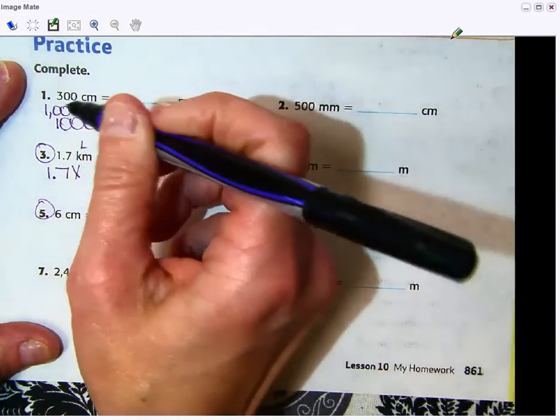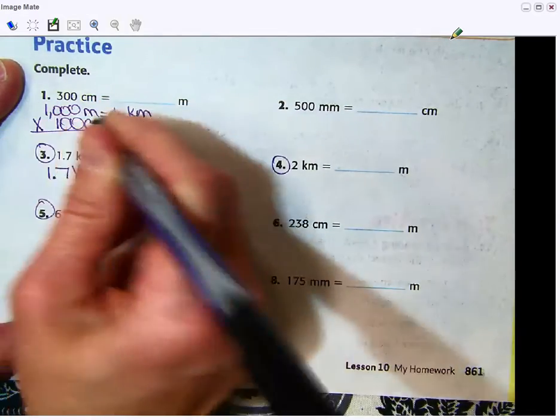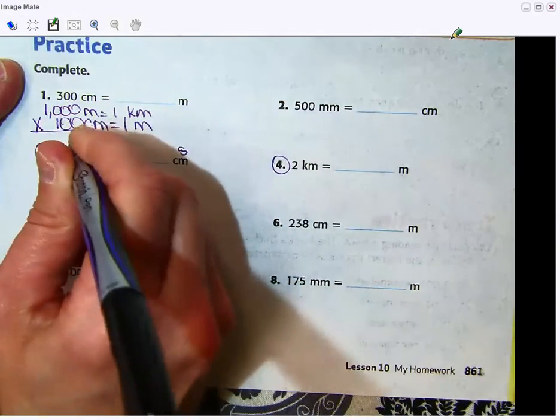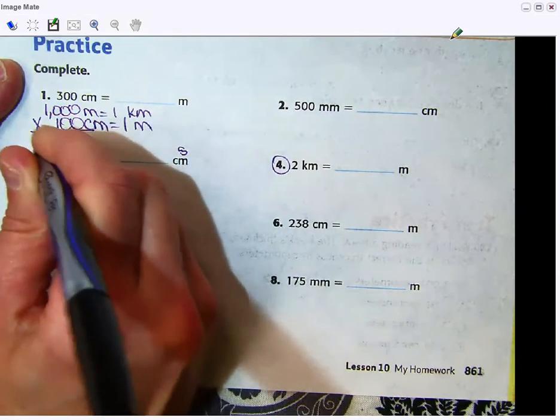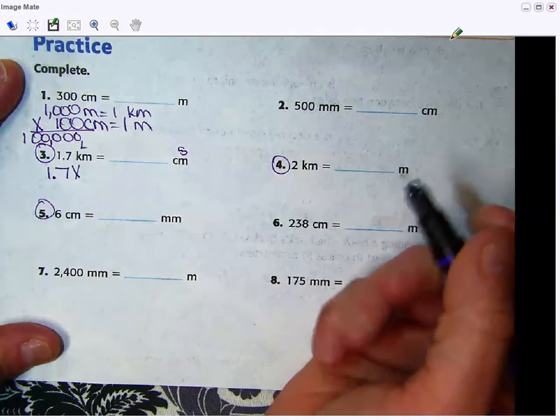So we would have to multiply these numbers, and then 1 times 1. So we have 100,000 times.